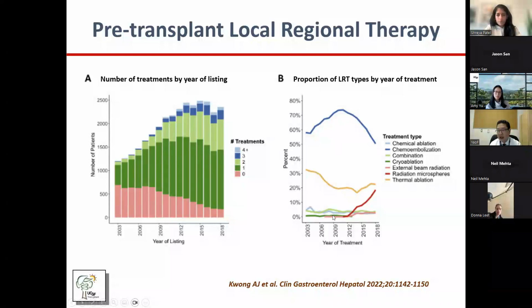And you can see that the use of Y90 has increased parallel to the decrease in the use of chemoembolization. Ablation still pretty steady, about 20 to 25%. So, 90% of patients now, while they're waiting for transplant, receive some form of local regional therapy.